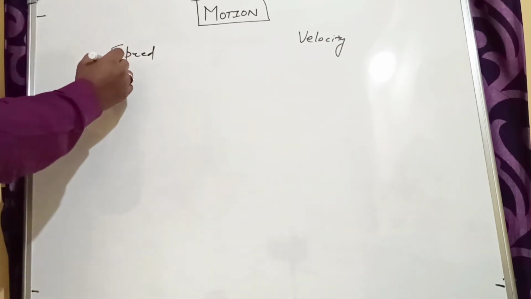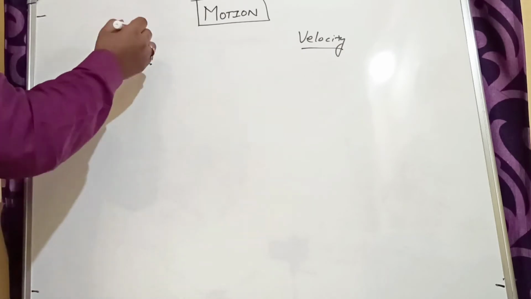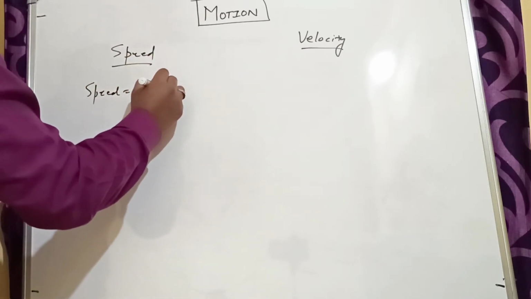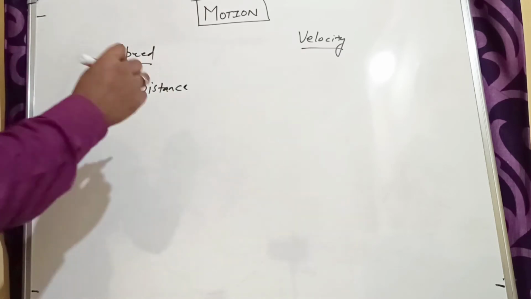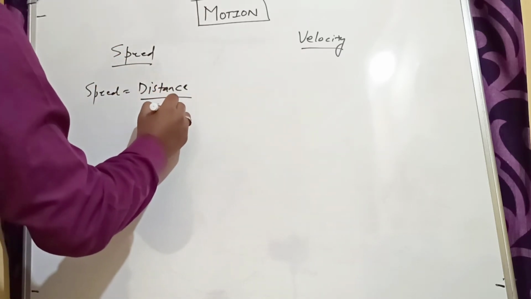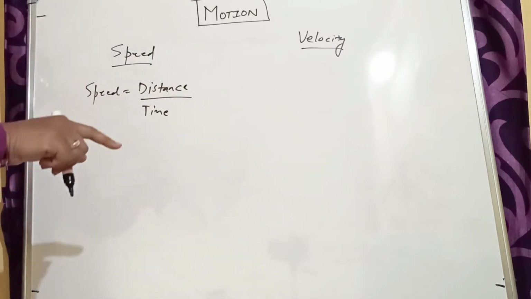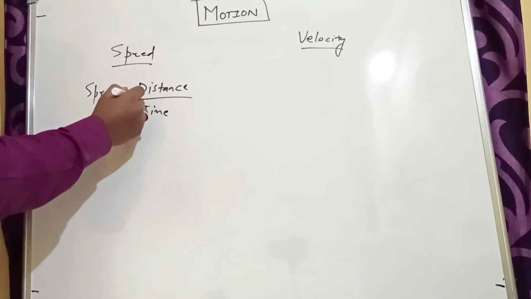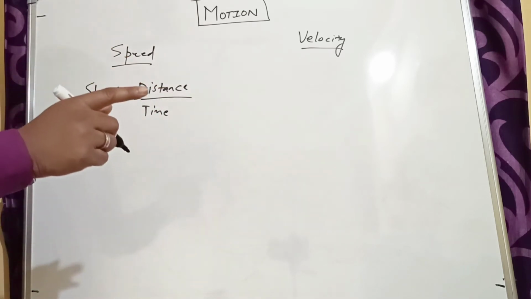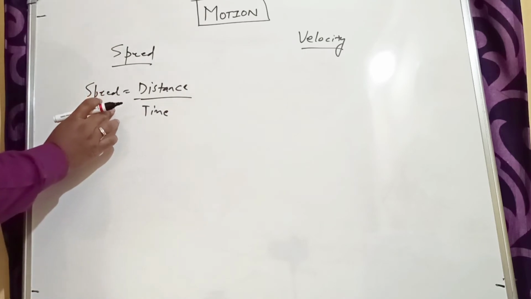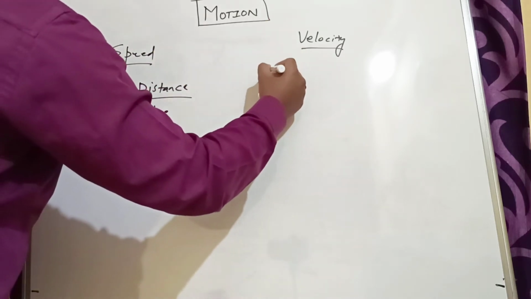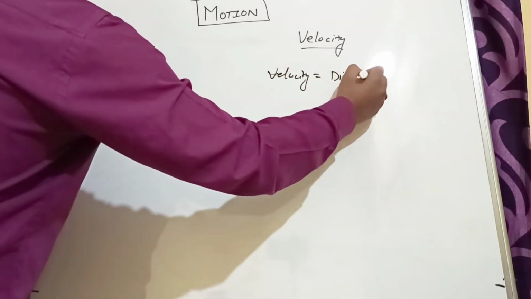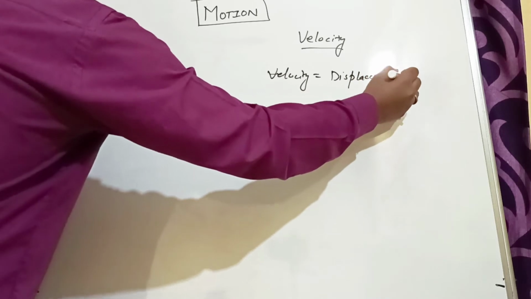Speed and velocity. Speed is nothing but the ratio of distance and time, means distance upon time. Or you can write the definition as the distance covered in a specific time, or distance covered per unit time, is called speed. Similarly, velocity is displacement upon time.